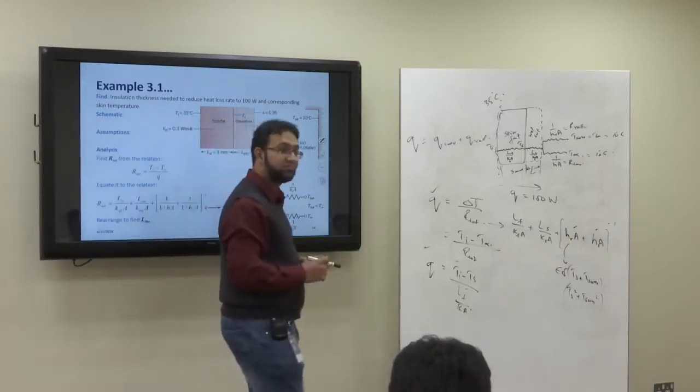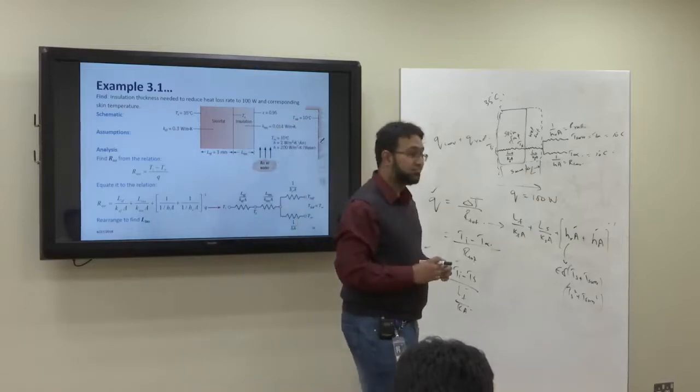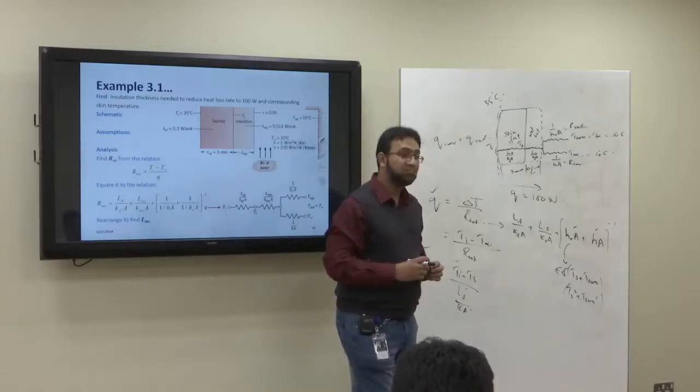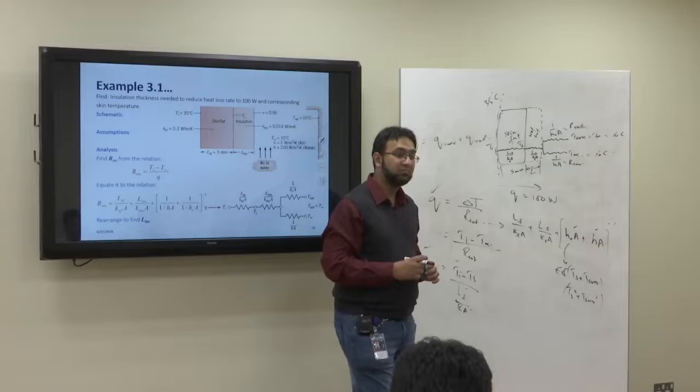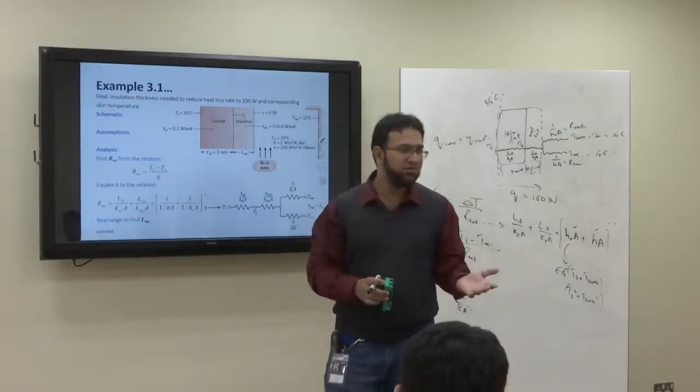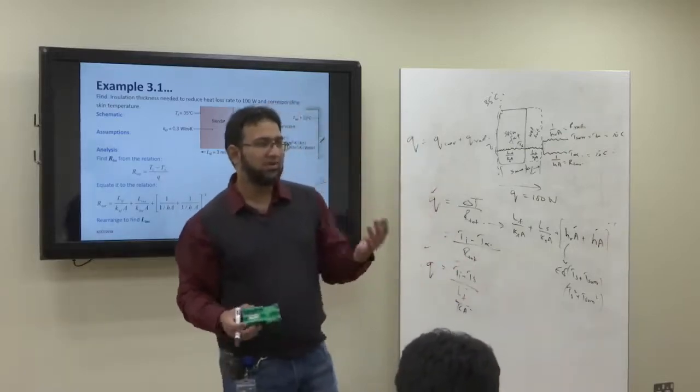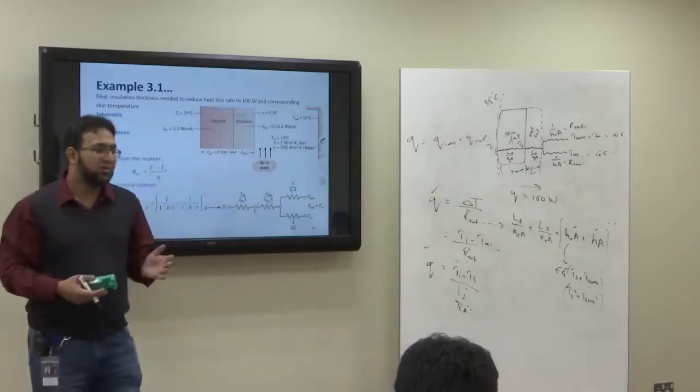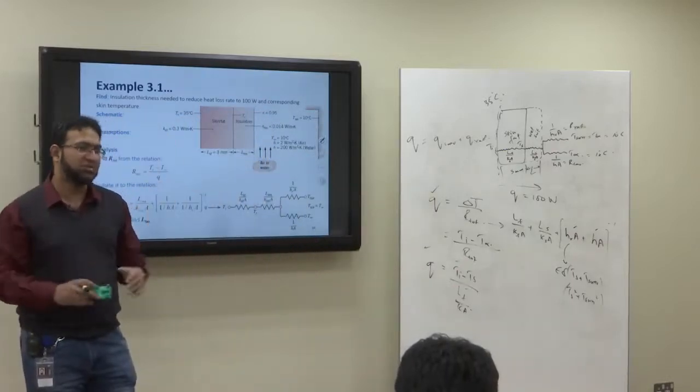Doctor, why in the last example, the one before this, there was no emissivity given in the problem, and it was assumed that the radiation effect is not significant.